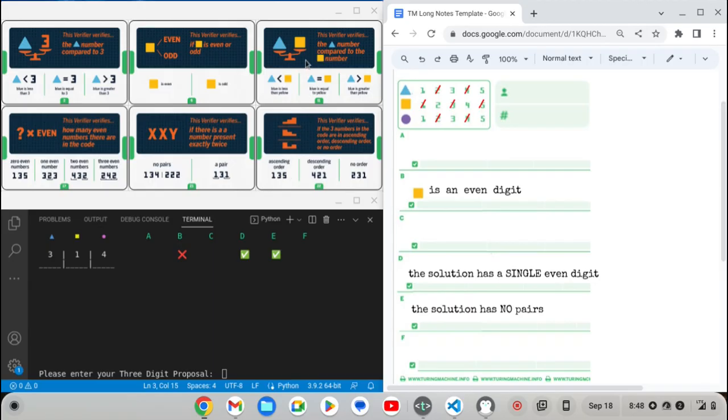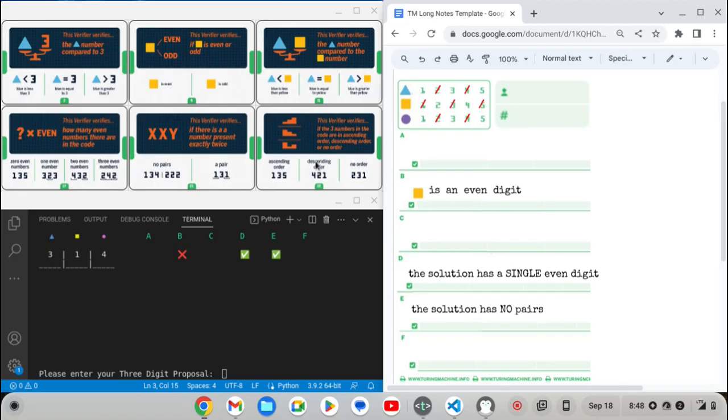Let's think about criteria cards C and F for a second. If I knew that the ordering of our 3-digit solution were ascending, meaning that it's increasing, I would know that triangle would be less than square, making this card irrelevant.